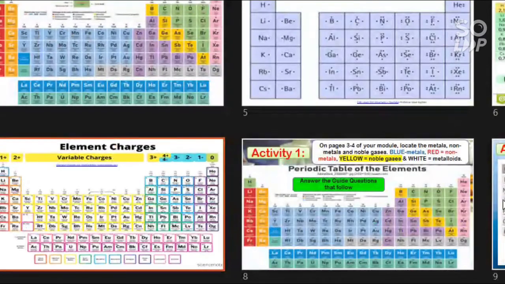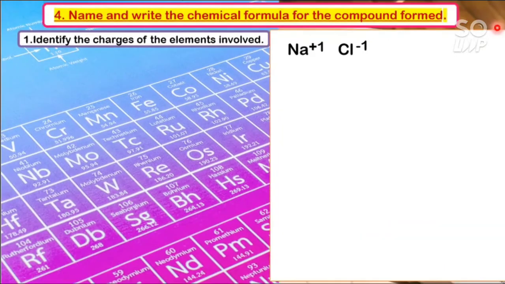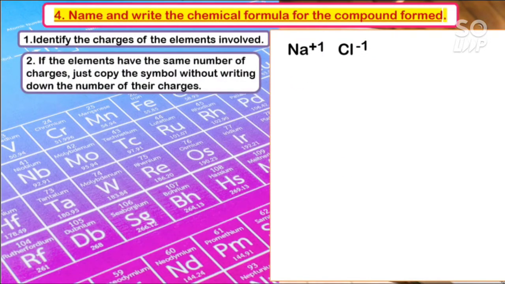Okay, going back to our steps in naming the compound formed in the ionic bonding. So we now have the positive and the negative charge of the sodium and chlorine. The next step is to show the chemical formula. How are we going to do that?